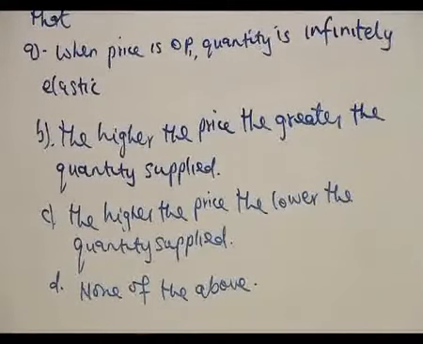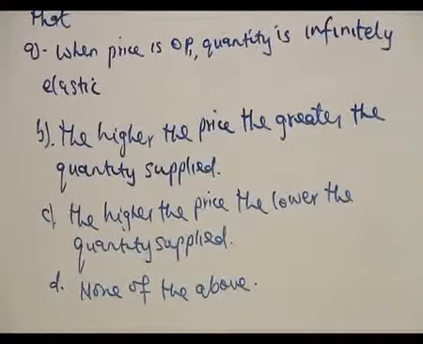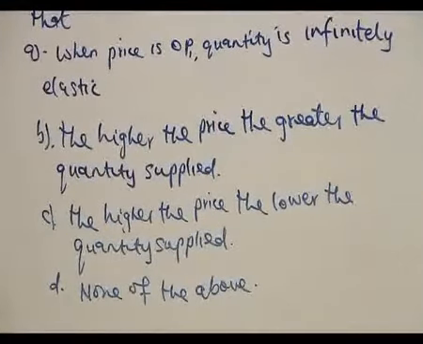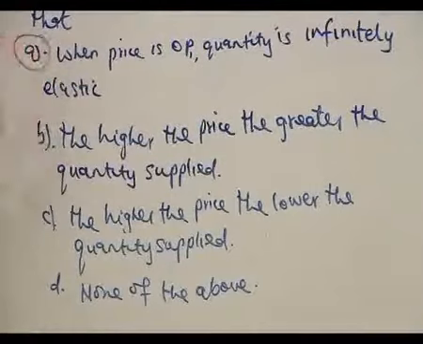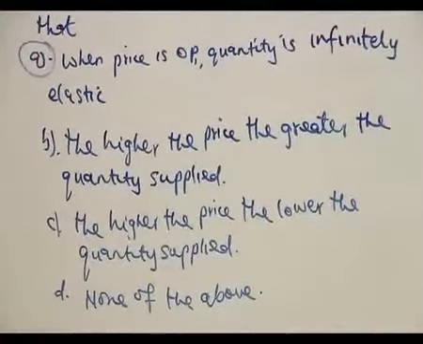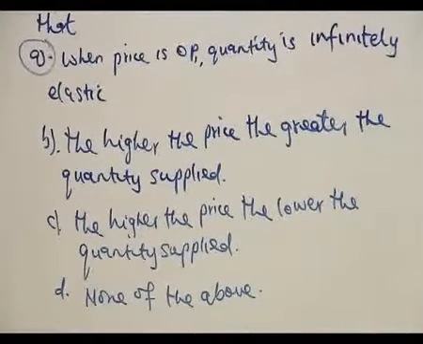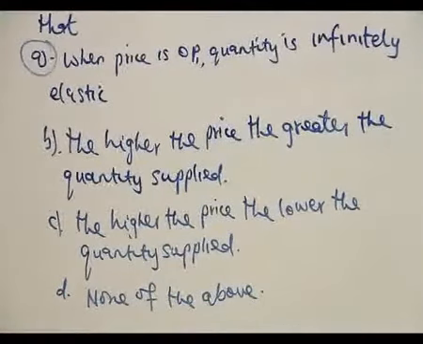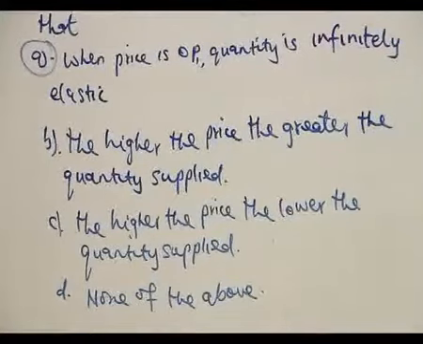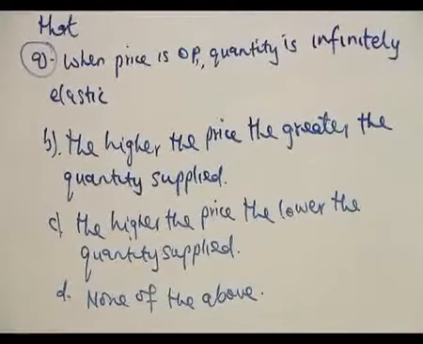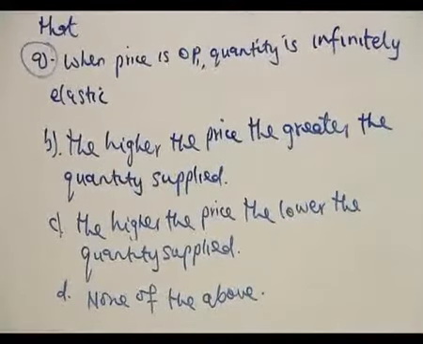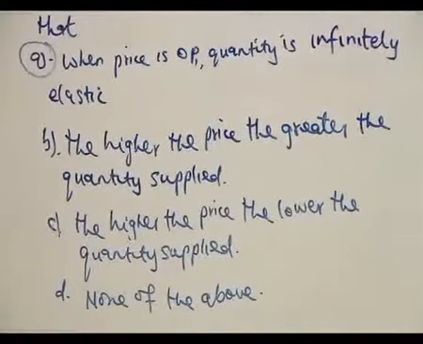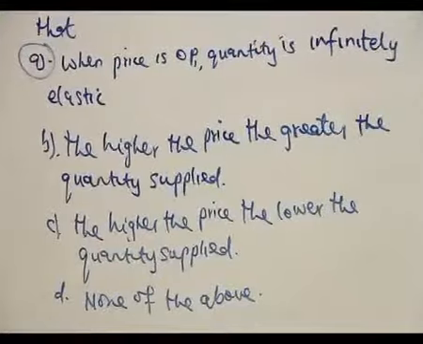The right answer is A. When the price is OP1, quantity is infinitely elastic. B, C, D talk about change in price, but the diagram is showing a constant price. B is talking about a higher price, and C is talking about a higher price as well. So they cannot be B and C, not to talk of D. So the right answer is A.